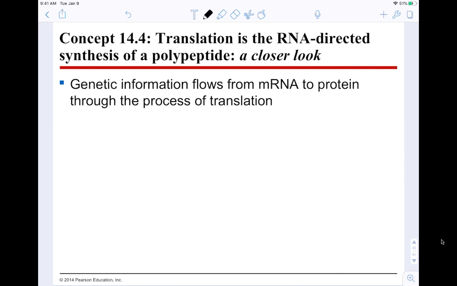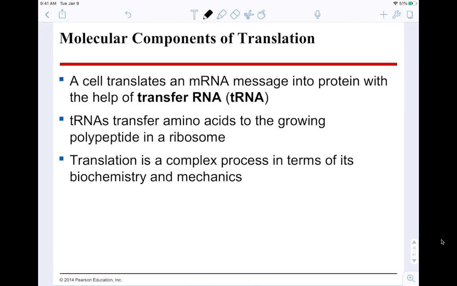This is the step of translation. The genetic information flows from mRNA to a protein through the process of translation. This is step 2, and it occurs out at a ribosome. The molecular components of translation include a new type of RNA called transfer RNA.